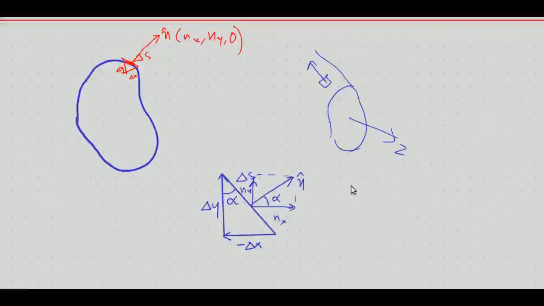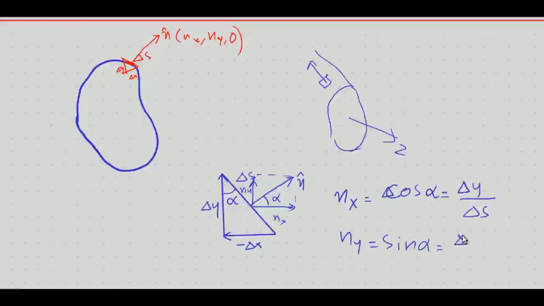So nx is cos alpha, that is delta y divided by delta s, and ny is sin alpha, that is delta x by delta s.